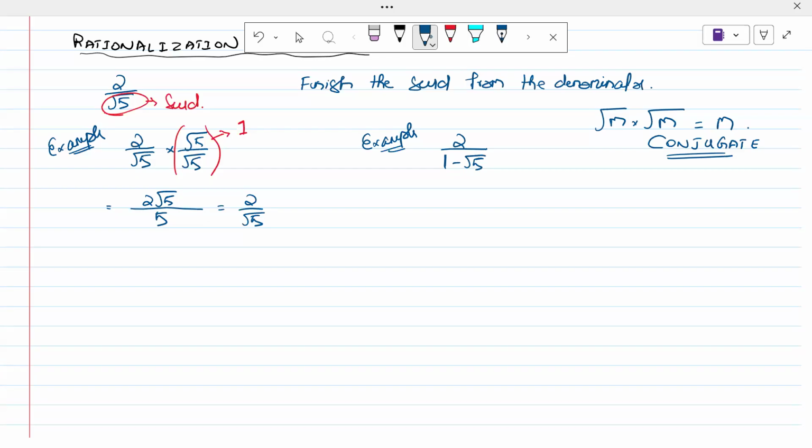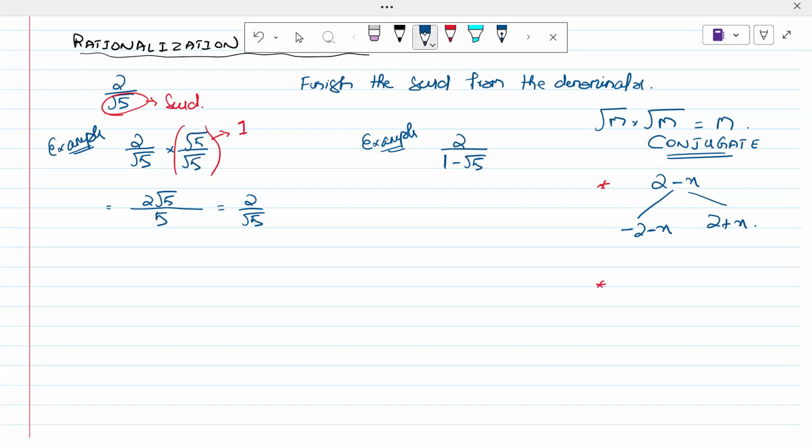For example, if you have the expression 2 minus x, these are the 2 terms. You change the sign of one of the 2 terms. Either you write this as minus 2 minus x, or you write this as 2 plus x. You change the sign of only one of the two terms, not both the terms. This is what we call a conjugate.